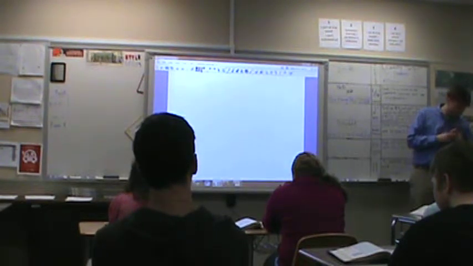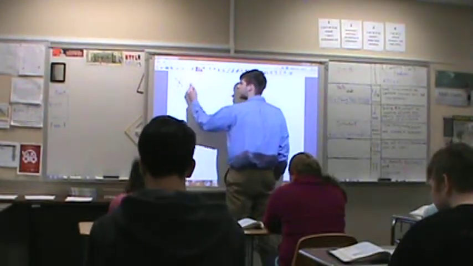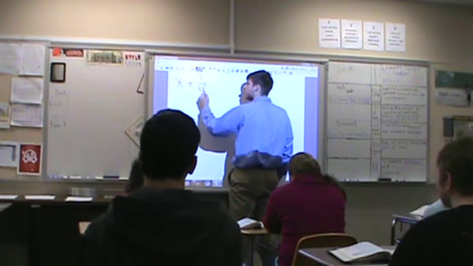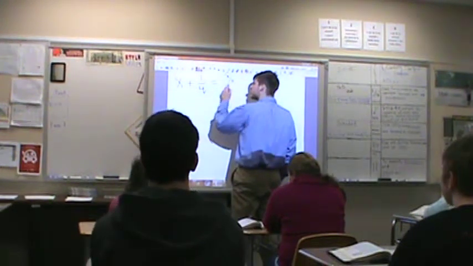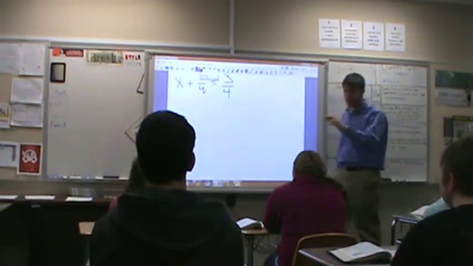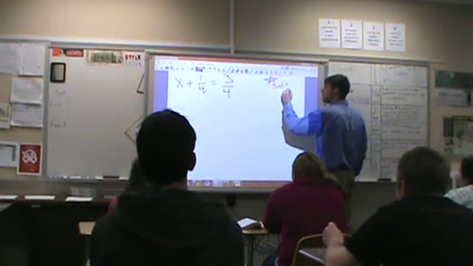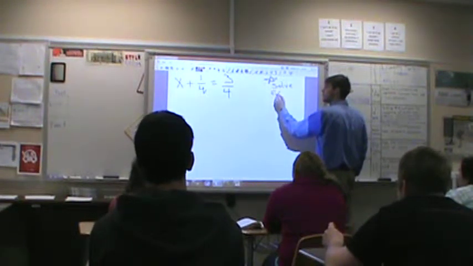That second example in your chapter, what does it say? Ty? X plus 1/4 equals 3/4. All right, we have some fractions here. Remember, we are going to solve for x.